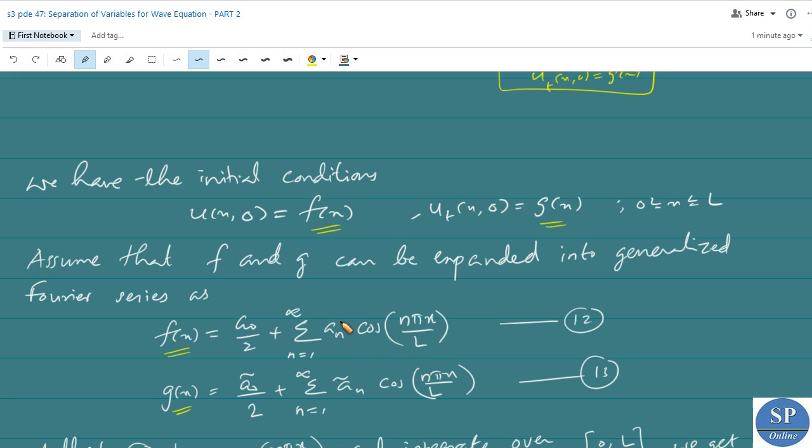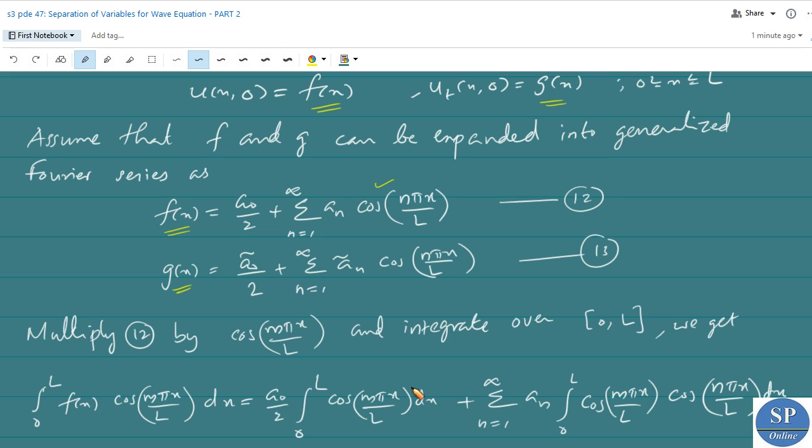That is, we are assuming that f can be expressed as a generalized Fourier series with respect to the eigenfunction cos n pi x by l. Similarly, g of x is equal to a naught tilde by 2 plus summation n from 1 to infinity a n tilde cos n pi x by l. Okay, so we are assuming this.